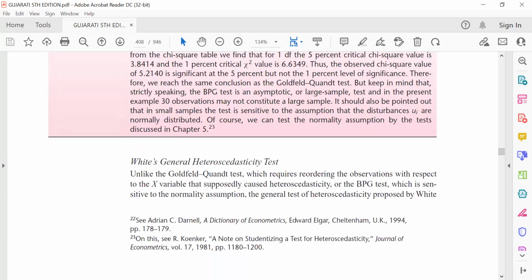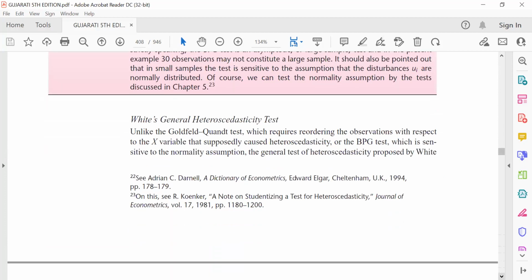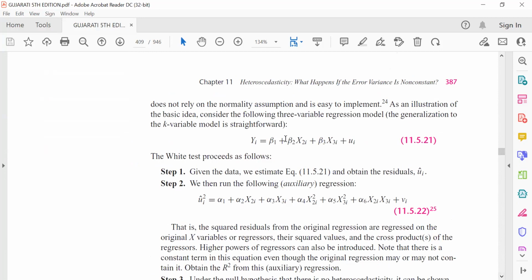The White test is a simpler one compared to the other. Here, we estimate the equations. We take the residuals, we square the residuals, and then we include all the beginning variables, x2, x3 from these equations, and then we square them, become x2 square, x3 square, and then we multiply x2 with x3.